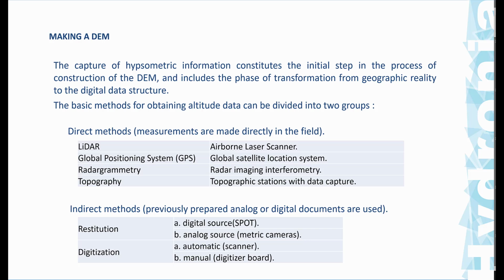But we can even do manual digitizing from paper maps if you don't have any other data available. There are also public databases that are sometimes not very accurate, but they allow you to download DEMs online. Some of them are free. There are some that you can pay for, but they are sometimes a useful source of information for DEMs.